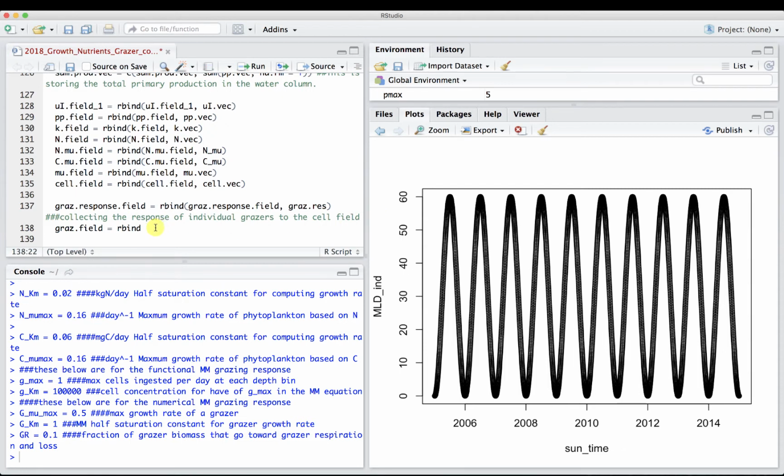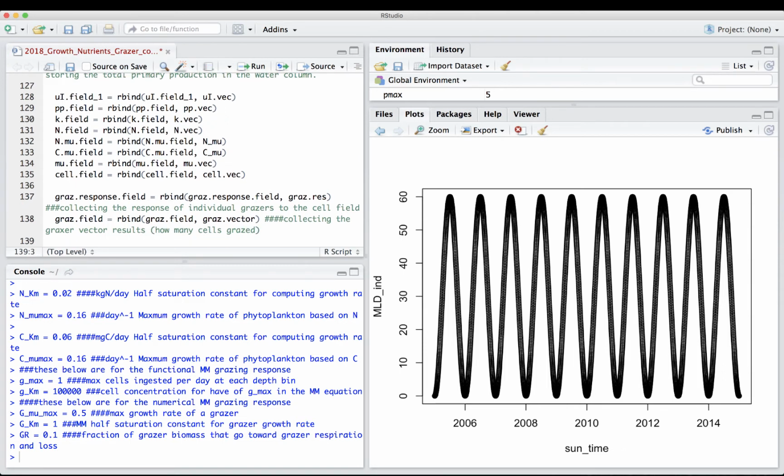Graz.field is rbind of the field with the Graz vector. Collecting the Grazer results, how many cells grazed.